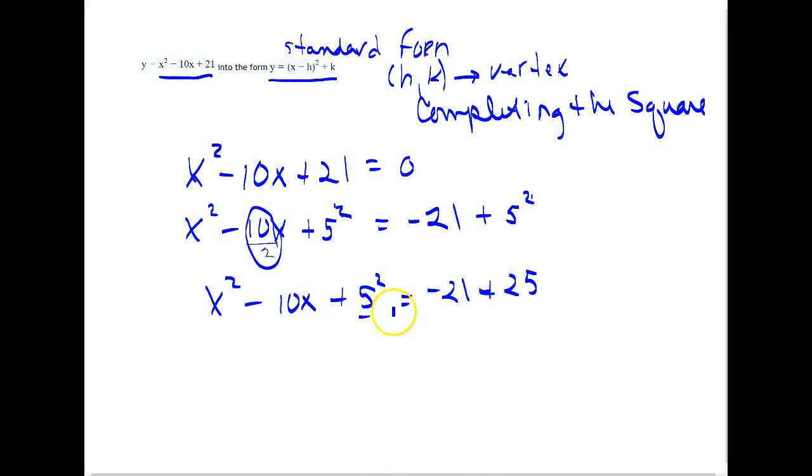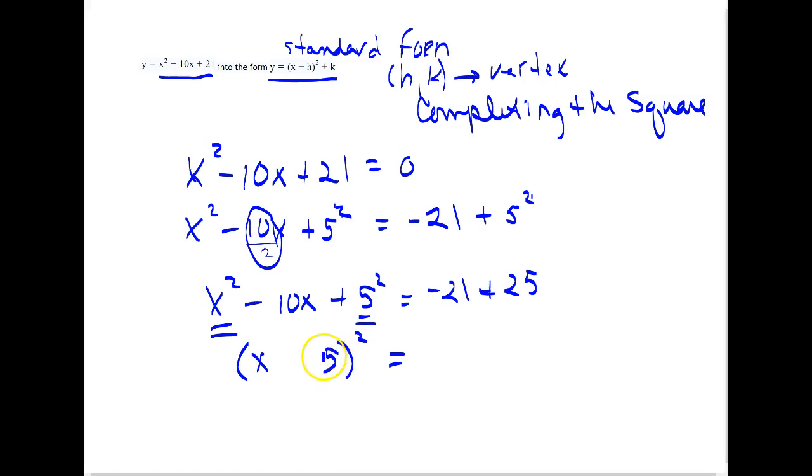Now, I didn't square this 5 for a reason, because we're going to write this as the square of a binomial. And we can do that since this is a perfect square trinomial, because x times x is x squared, 5 times 5, and that's what we have. 5 squared is 5 times 5.